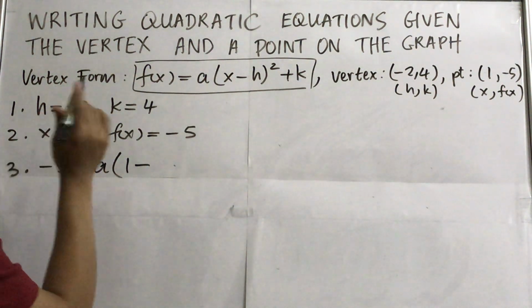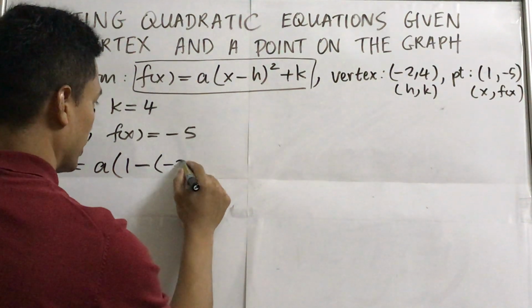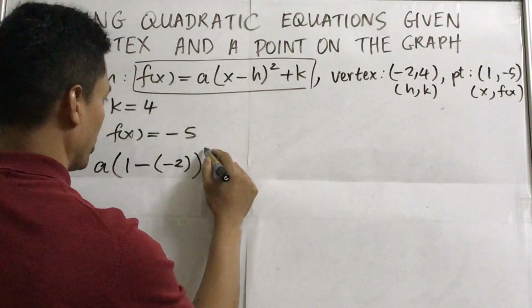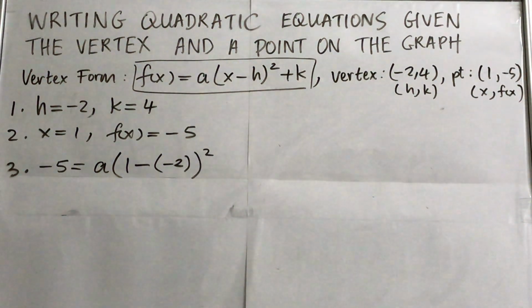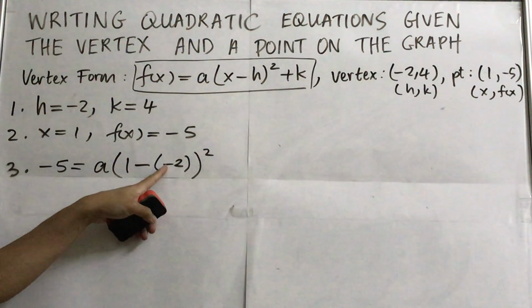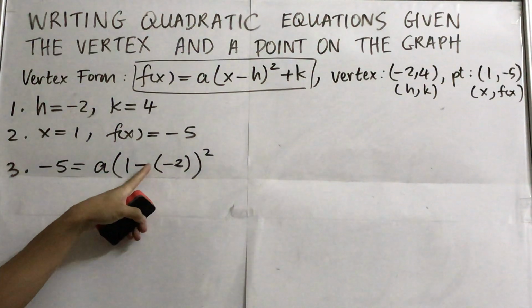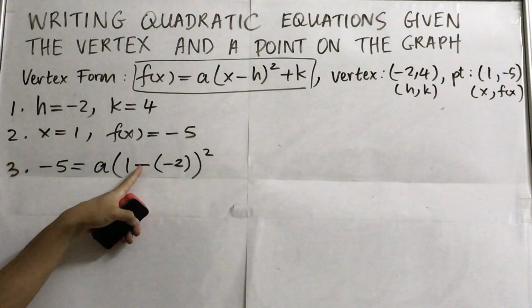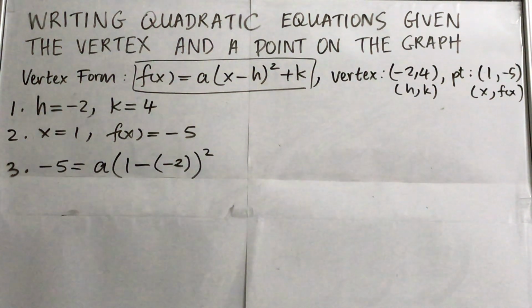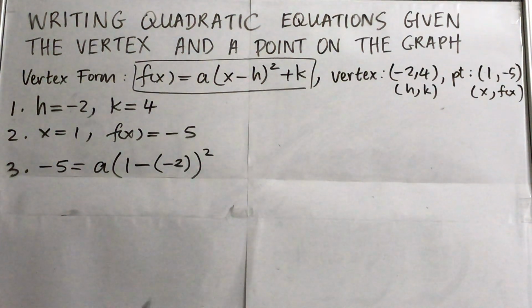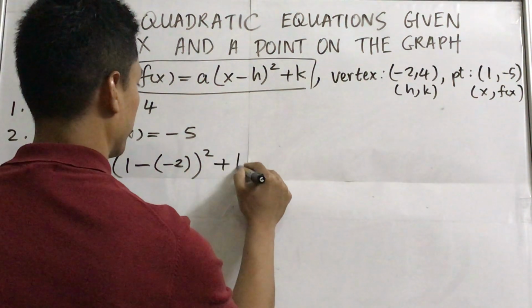If your h is -2, leave the -2 there. Use a parenthesis if you have to. Look out for your signs. If your h is a -2, there should be a -2 inside there, even though there is already a negative. And what is your k? 4.